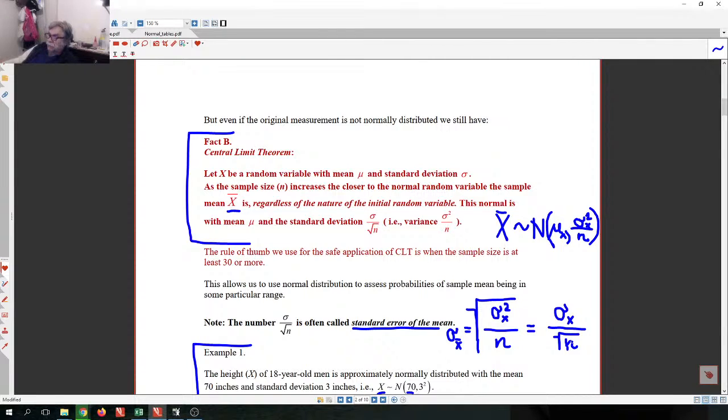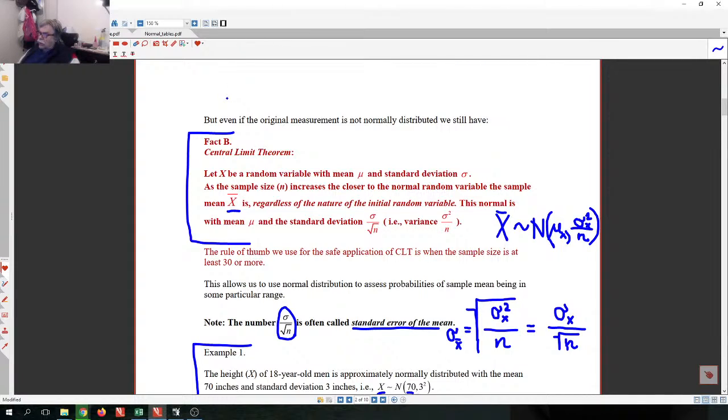Okay, so again, this is actually the standard deviation of x bar, something that you're going to use in the calculations, right? So you need to know this number, whatever that number is.